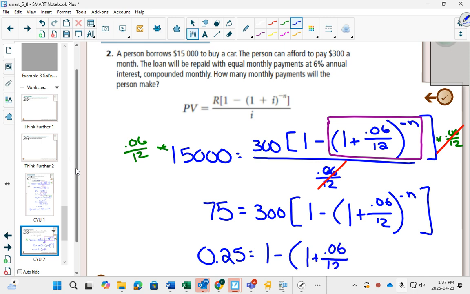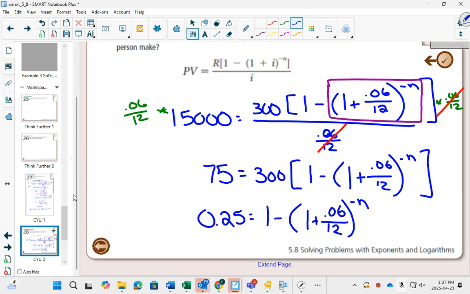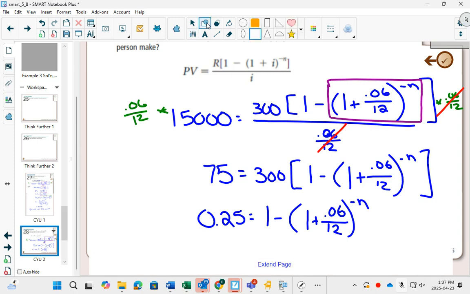And as soon as I divide by that 300, I technically don't need my square brackets anymore. You can change to a fraction as well. Yeah, you can use fractions or decimals. Both will be fine.